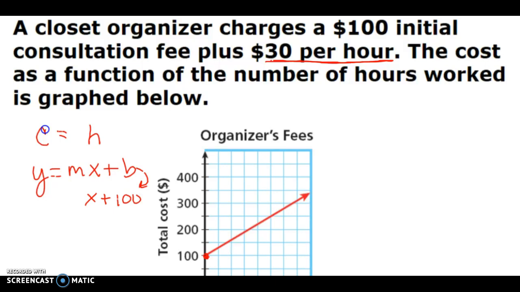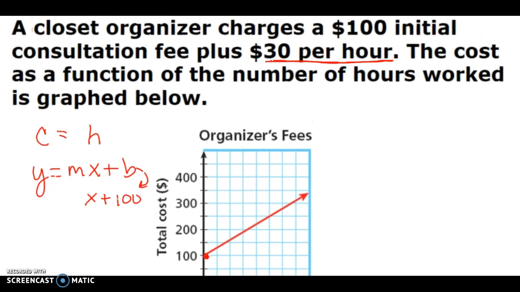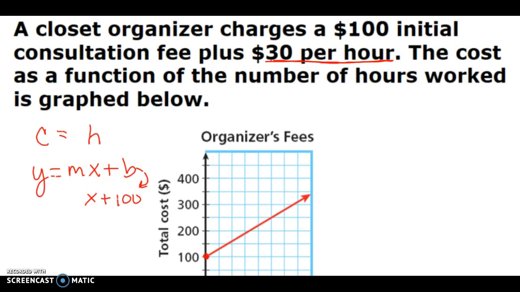Well, if we go back to our little story, our explanation of what we're graphing, we see the rate of $30 per hour. And if I check on here, every 1 hour, I believe, is 1 block over. Let's check that and see if we can see. Yeah, every one of those is 1 block over. So if we went up, that would be 50. We would go over, that would be almost 1.5. Let's find another point on the line, however.